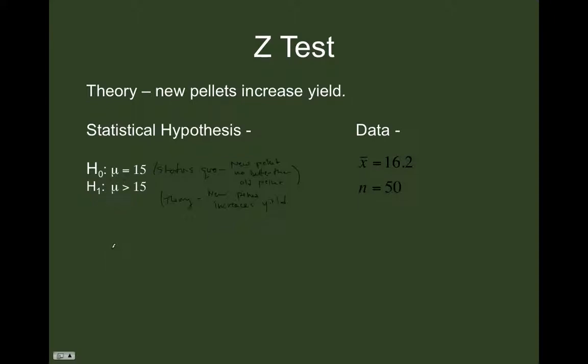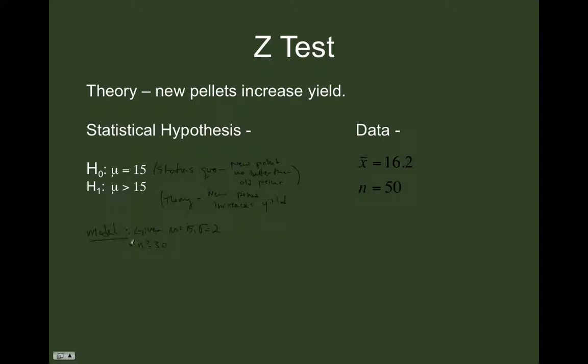Now, how are we going to model this? Well, we were given in this problem mu and sigma. We also have a large sample. N is bigger than 30.